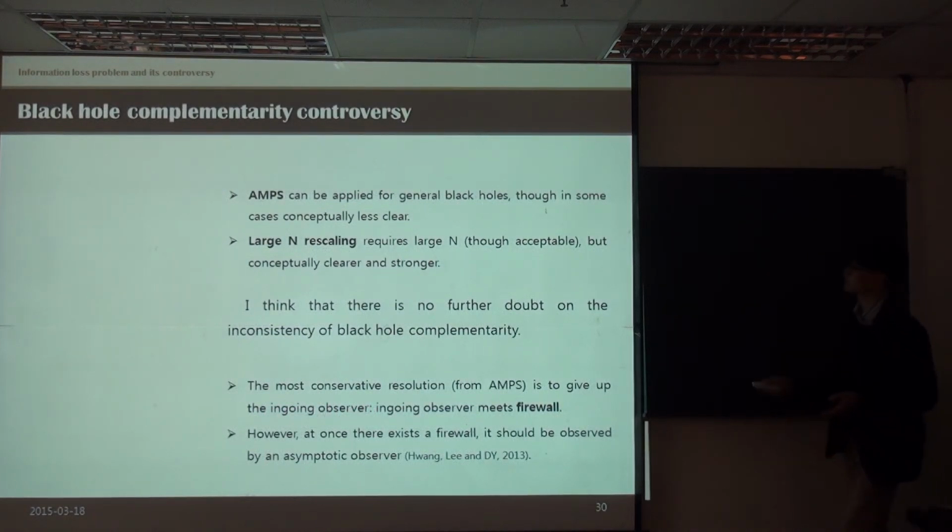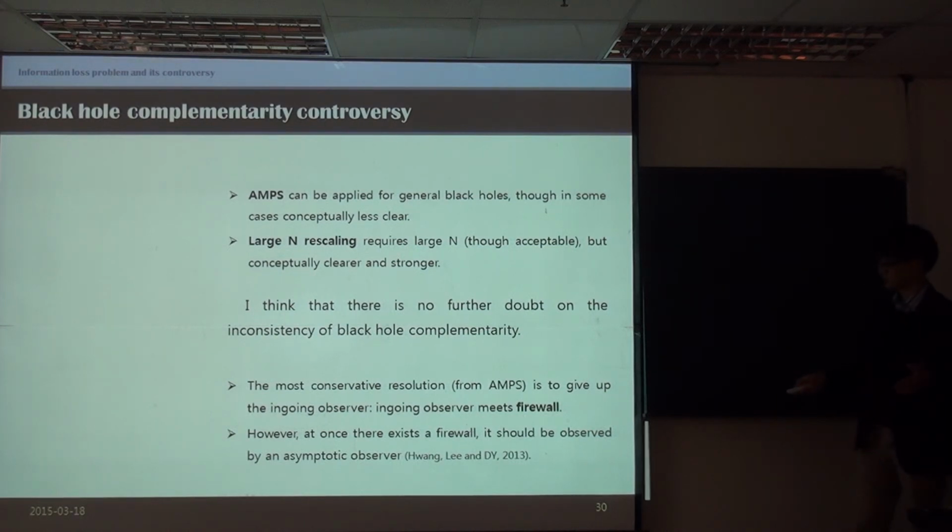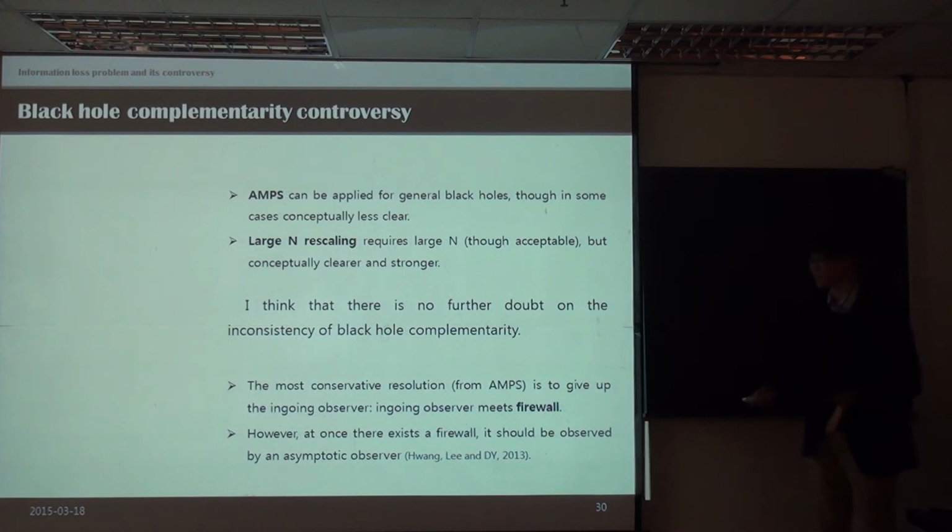In conclusion, AMPS can be applied to various cases, and the large n rescaling of my idea is also applied to some systems. So I think that there is no further doubt on the inconsistency of black hole complementarity. Black hole complementarity is inconsistent enough, and we have to find some alternatives for this idea. One short comment is that according to AMPS, they want to resolve this paradox by modifying some conservative assumptions.